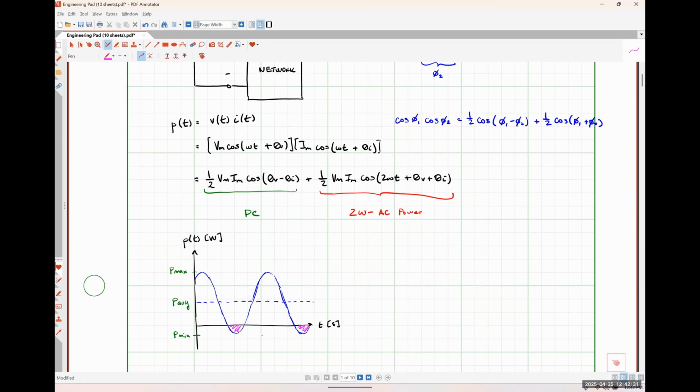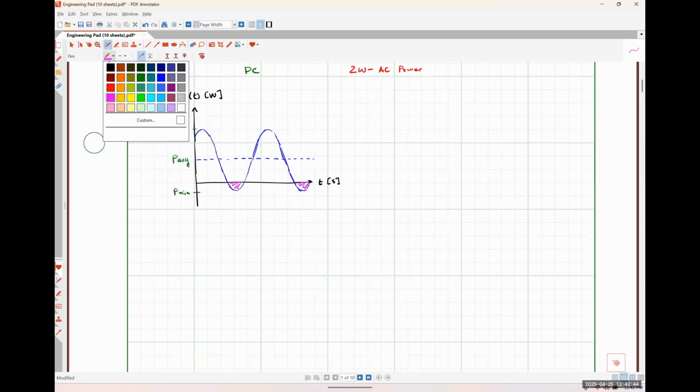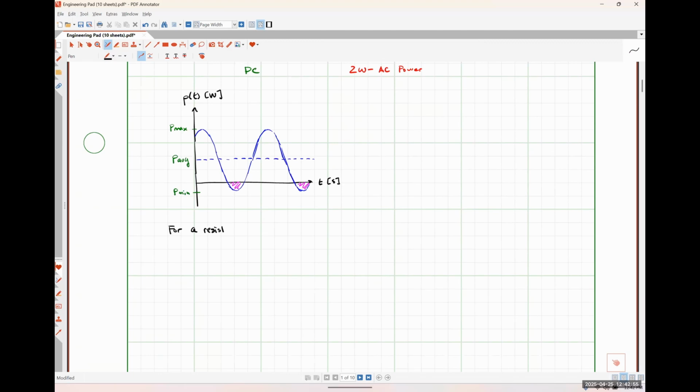So we are going to see that this happens anytime we have any type of energy storage element in our system, okay? So let's mathematically describe how that works. So let's look at what would happen if our load was just purely resistive. So for some resistor R, we know that the magnitude of our voltage is just equal to the magnitude of our current times the resistor value.